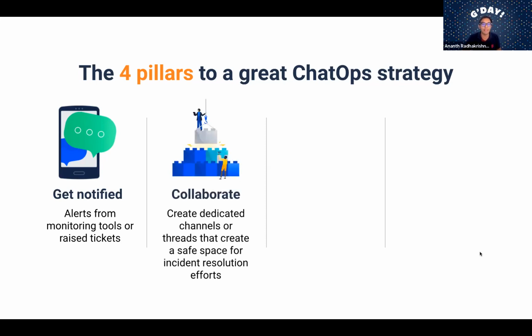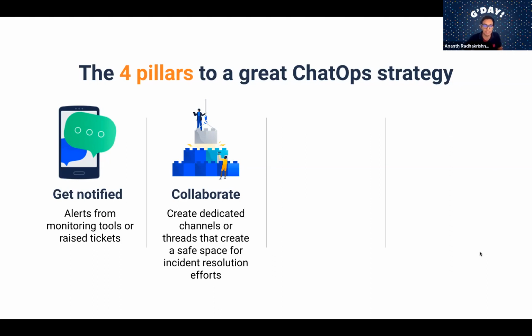Similarly, the second big pillar is around collaboration, right? And going back to the earlier section around how teams are increasingly distributed and autonomous, the only source of truth that you can have with such a big distributed team spanning multiple time zones is to use your collaboration tool and create safe spaces in these tools.